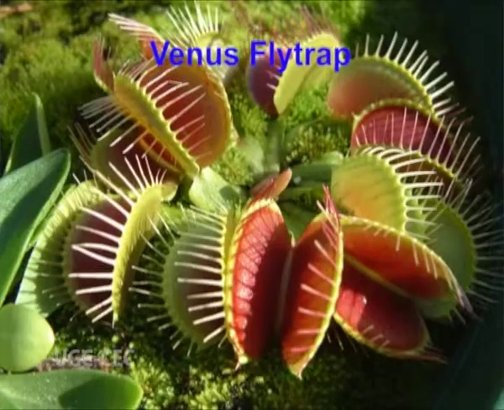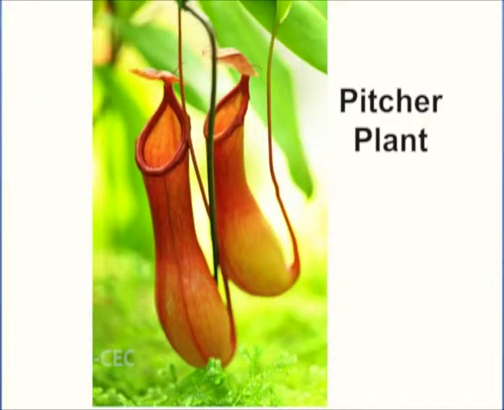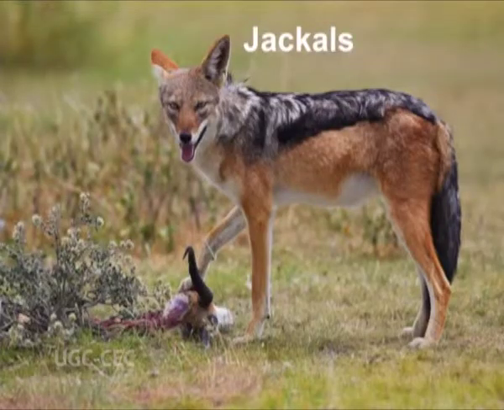An organism cannot always be assigned to just one trophic level. The insectivorous plants such as Venus's flytrap and pitcher plant are producers as well as consumers. Jackals are both carnivores and scavengers.